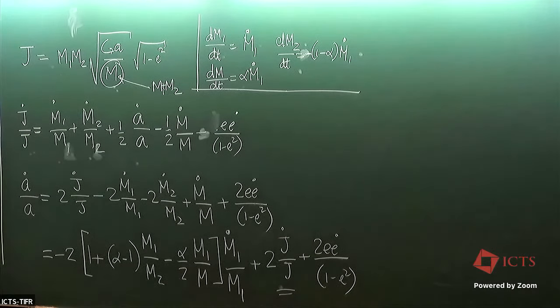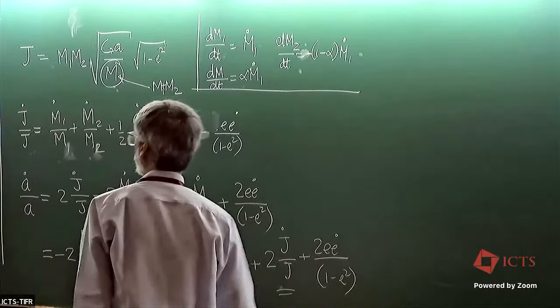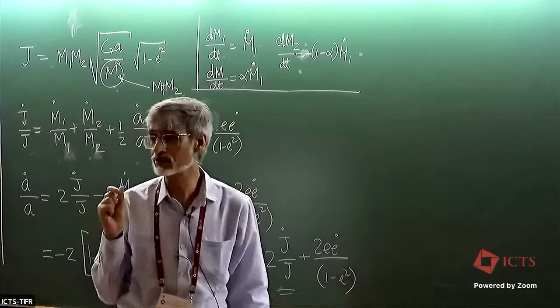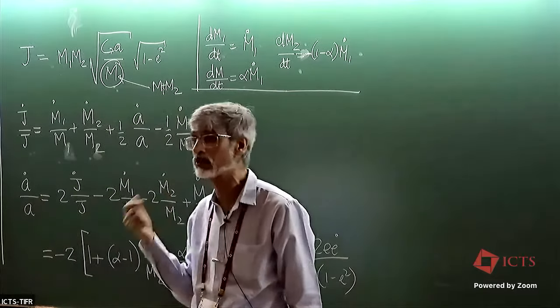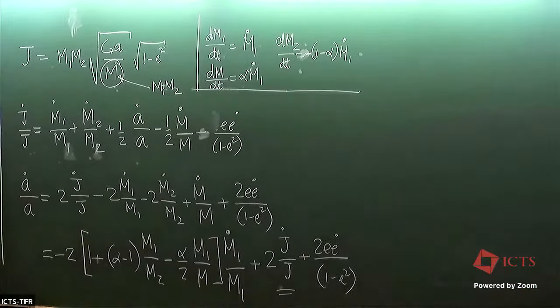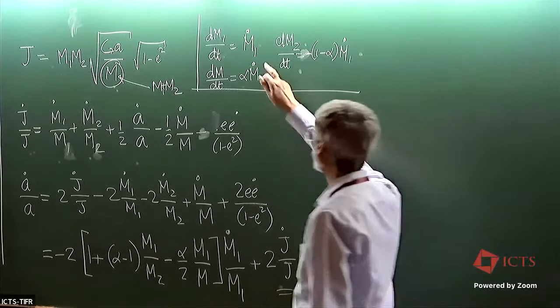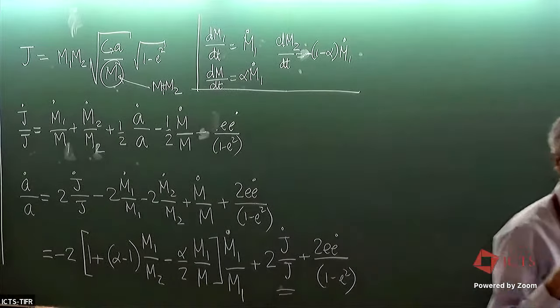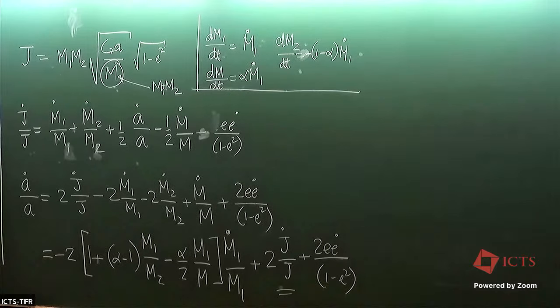It may or may not, but yes, in general it will. If, for example, the mass is being lost directly from M1, then the star M1 has a specific angular momentum, the angular momentum per unit mass. You can take alpha M1 dot, multiply by the specific angular momentum. That will actually give you the rate of angular momentum loss from the system.